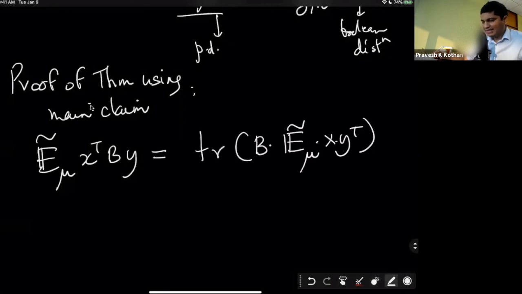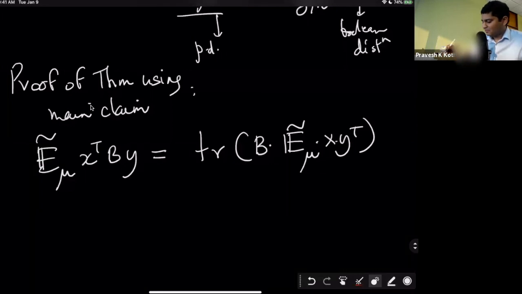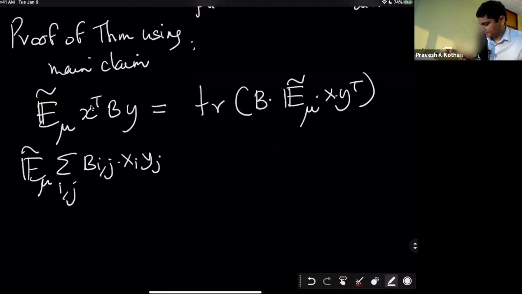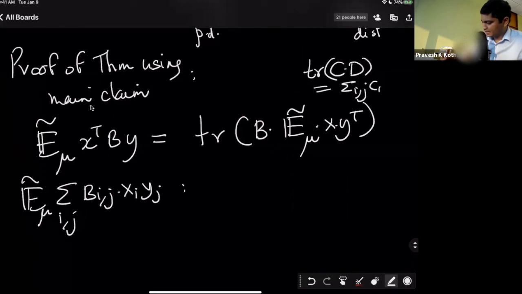Actually, is there anyone who needs me to prove this equality here? Let me just do it anyway. This, remember, is sum of B_ij times the expectation of X_i Y_j. If you take the trace product of two matrices C and D, it just equals the sum over ij of C_ij times D_ij.